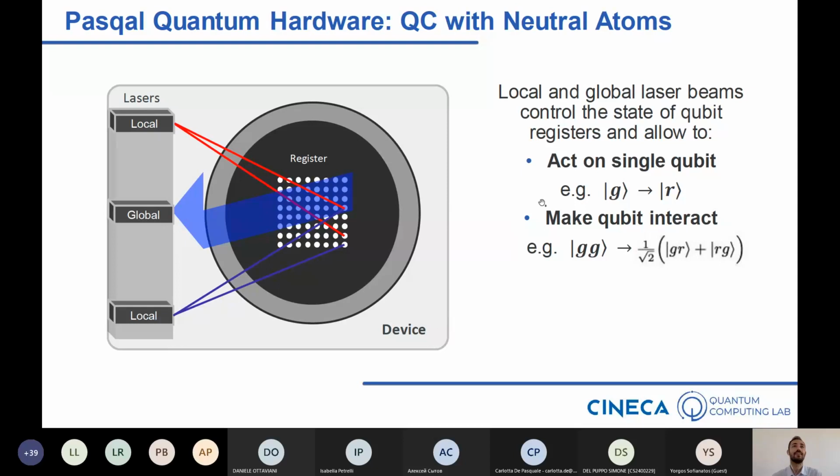Again, they use pulses, so lasers, which could be local, acting on single qubits or single atoms, or global pulses that operate on all atoms or an ensemble of them.